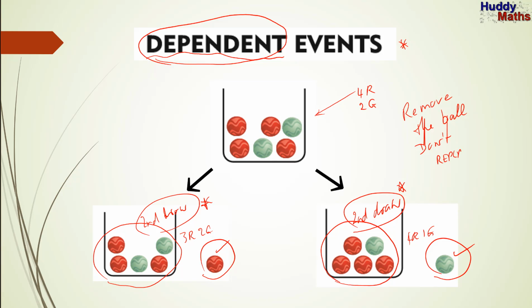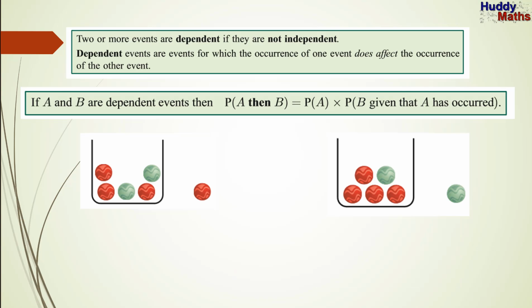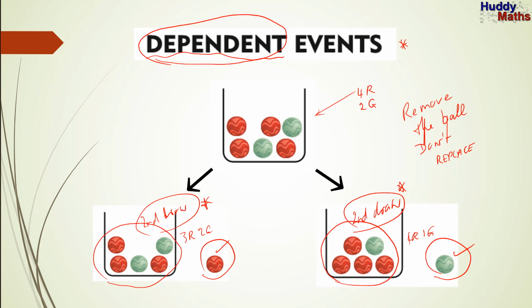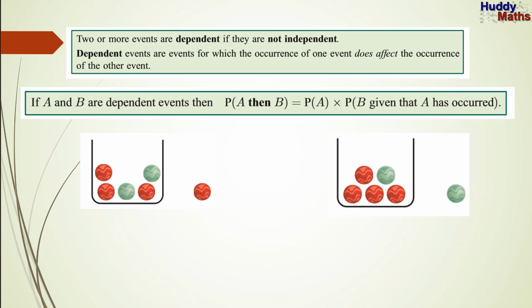Then we will have a dependent event. The second one will be affected by what happens in the first. It will depend upon it as to what the outcomes could be or the probability of the outcomes in the second draw. Okay, do you get it? We'll do a bit of work on that. Come down here now.